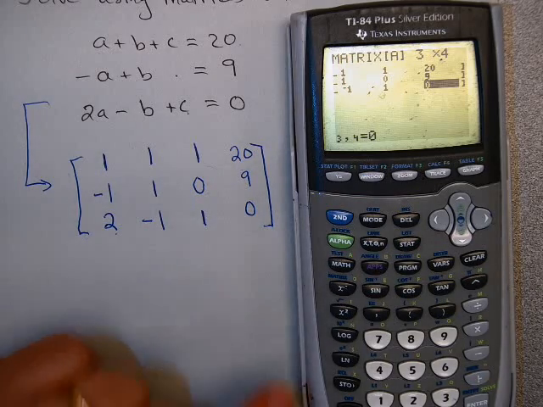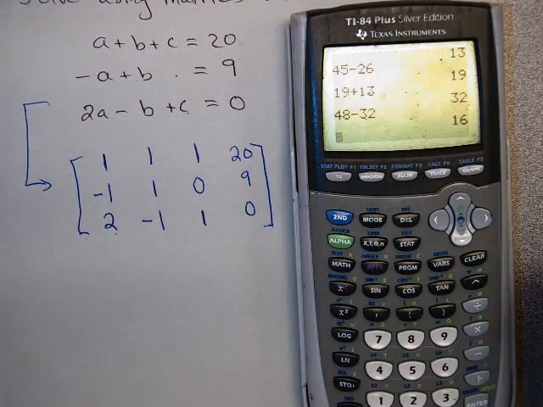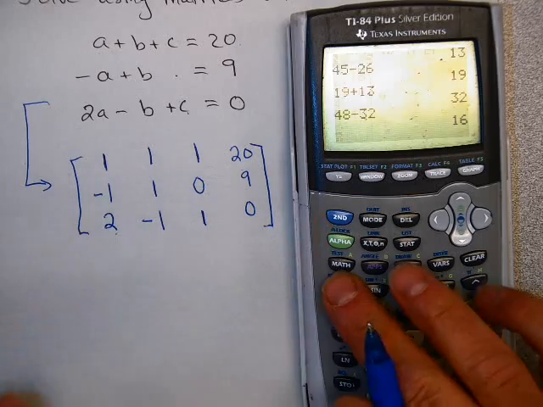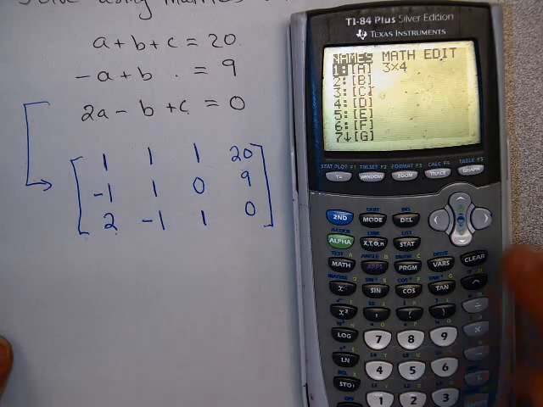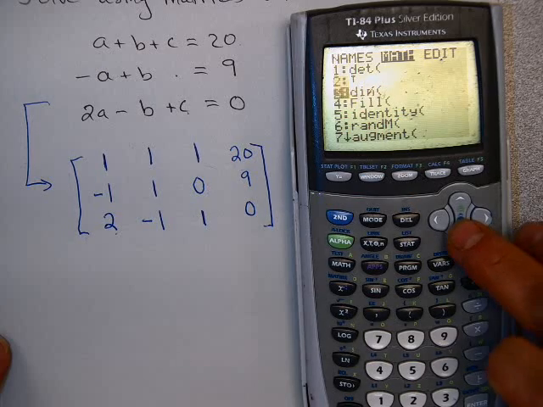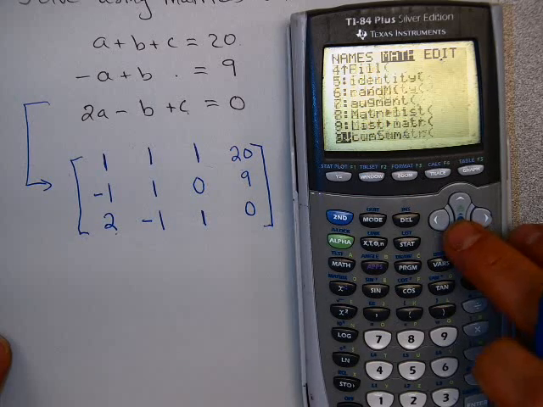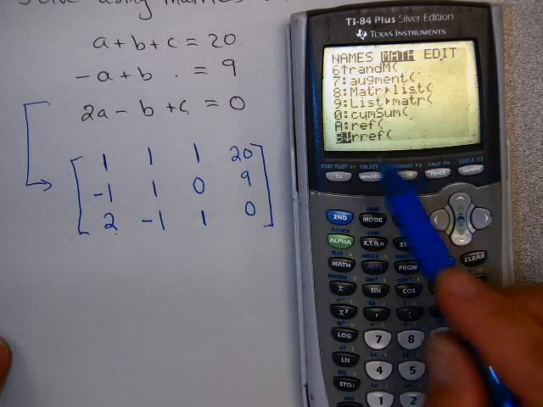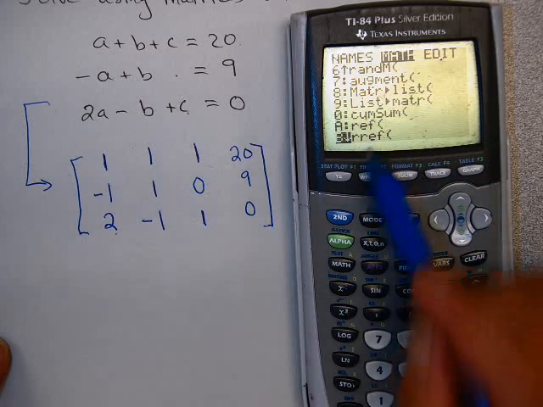Your next step is to say second quit. Then here's the hard part, but you'll like it. Second x to the minus 1 for matrix. Use one arrow over to go to math. Scroll down for quite a while until you get to this right here, RREF.